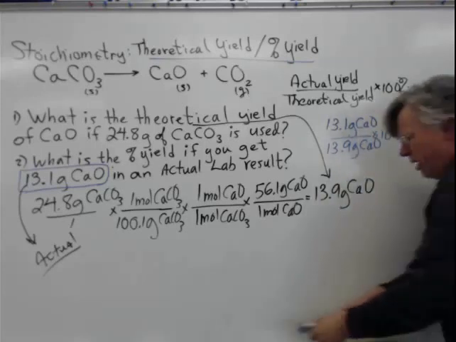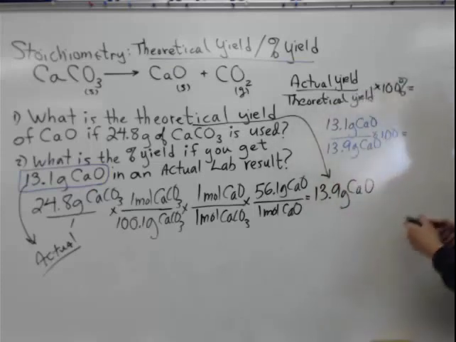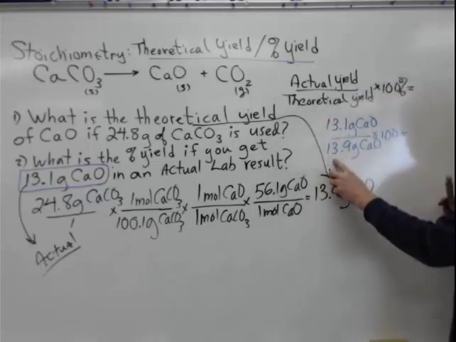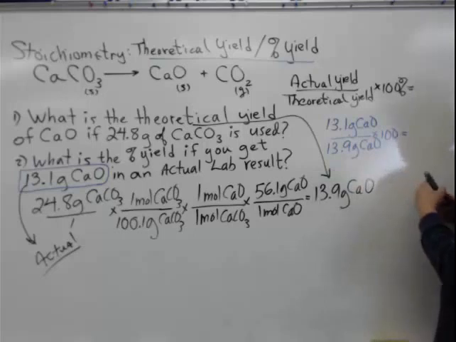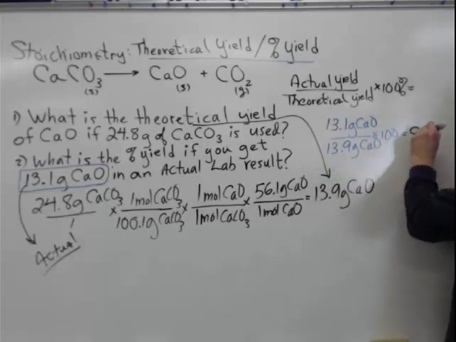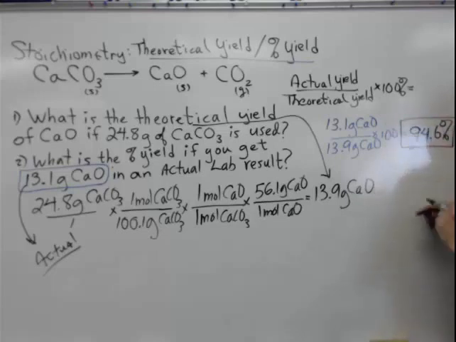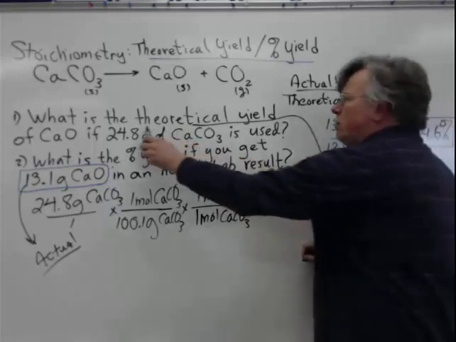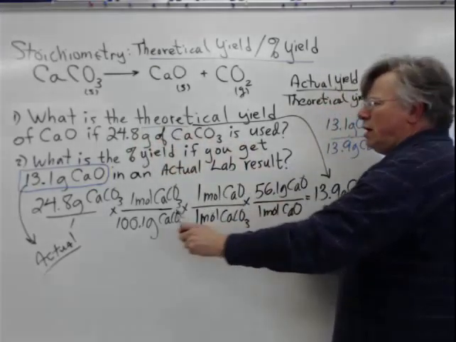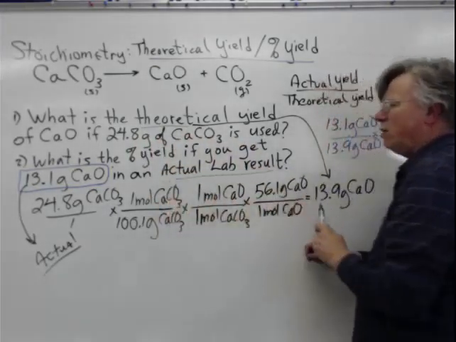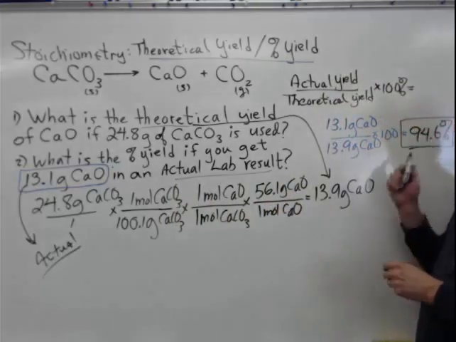Okay, and that gives me a percent yield, 13.1 divided by 13.9 times 100, of 94.6%. So that's fairly typical in a lab result. You don't often get 100%, but this is a stoichiometry problem dealing with theoretical yields and actual lab values and percent yields.